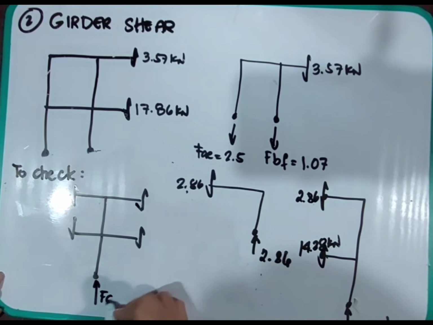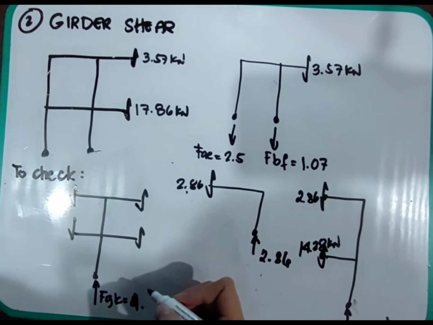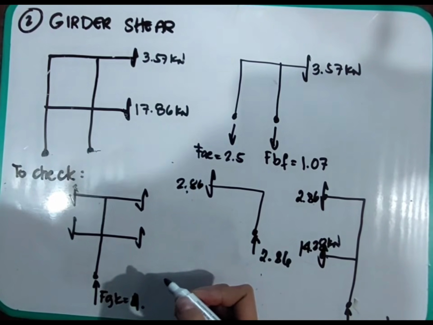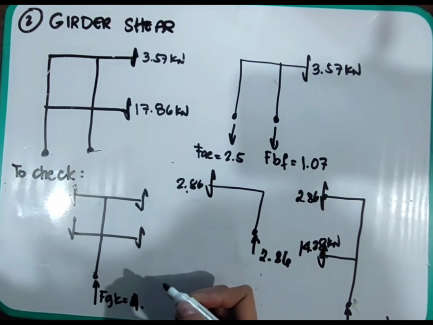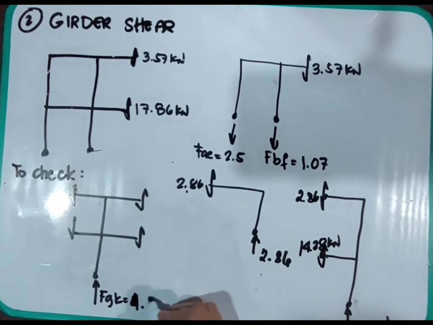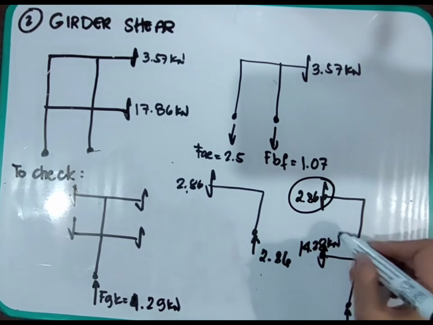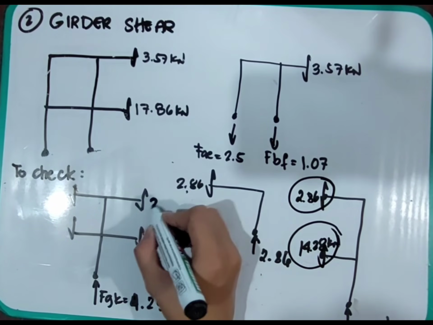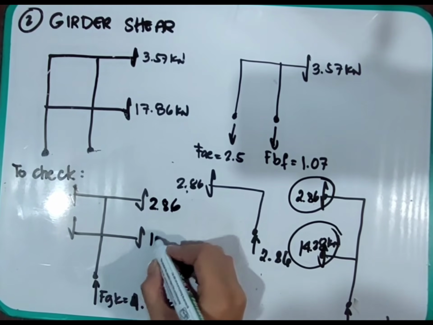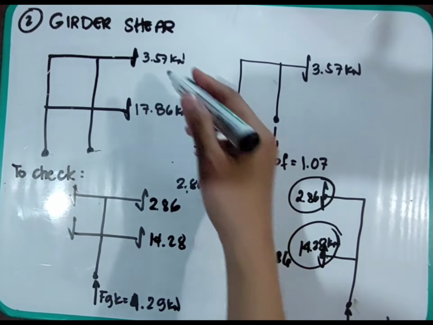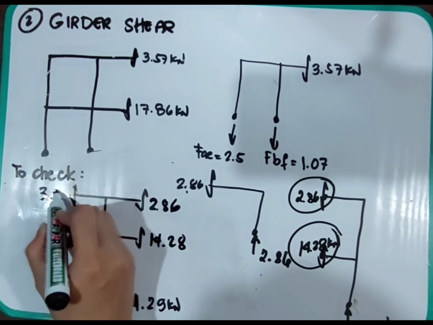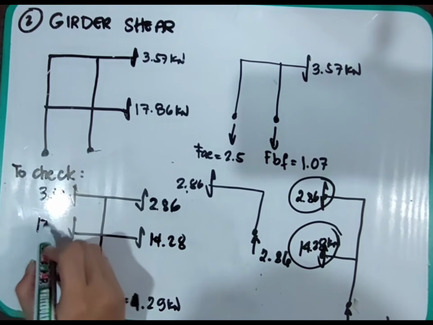Okay, ito yung FGK natin. The answer with this is 4.29. Value natin kanina. This is 4.29 kilonewton. So, alin itong mga to? Ito po yun. Yung kanina kinuha natin. Okay? So, this is 2.86. This is 14.28. And then, we have 3.57. And also, 17.86.